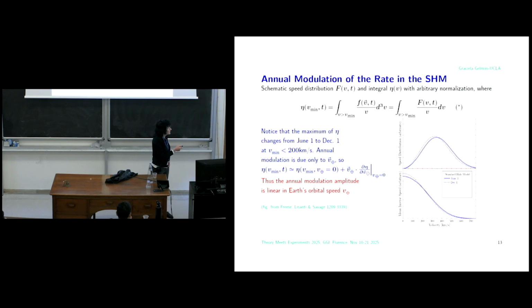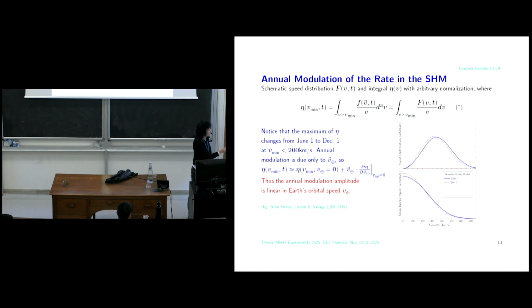So the maximum changes from June 1st to December 1st at about v_min of 200. If you see, the solid line is the speed distribution.